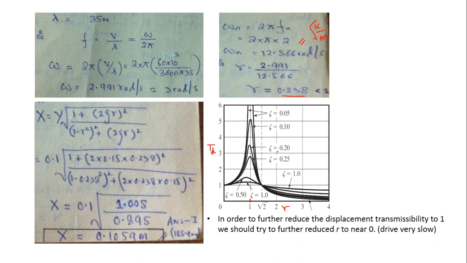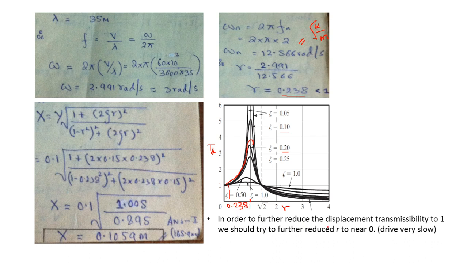And since this peak represents zeta 0.2, this peak represents zeta 0.1, slightly above this curve we are going to have our curve, and that curve will also follow this trend and reach somewhere here at r equals 0.238. So you see that r is already close to the value of 0.